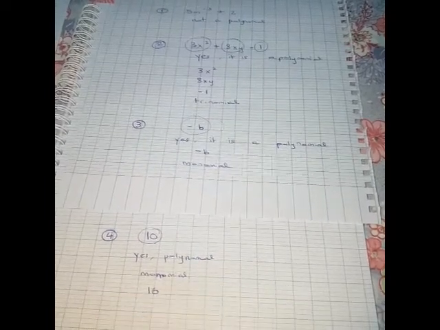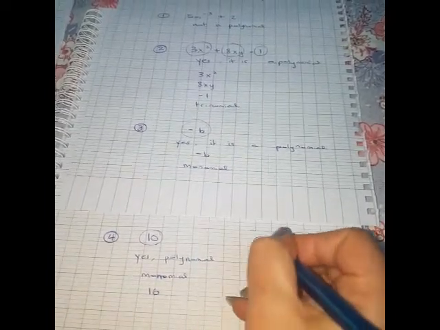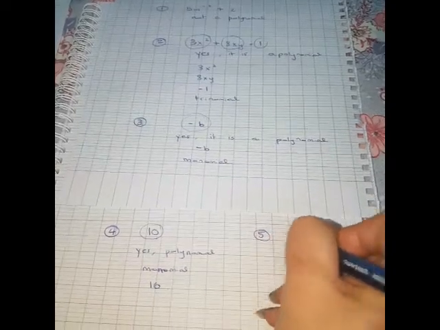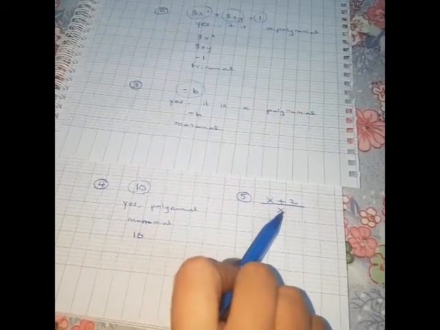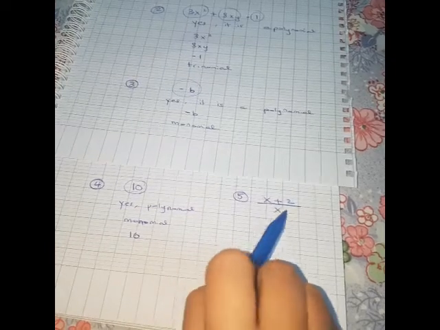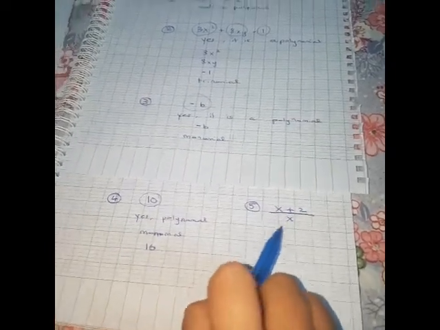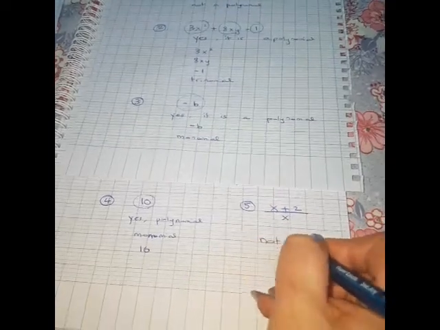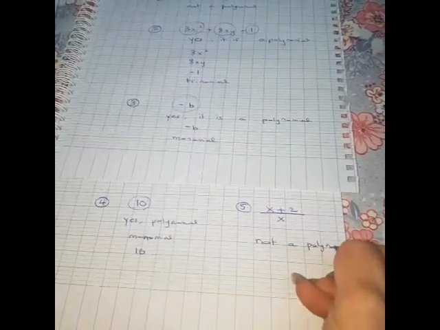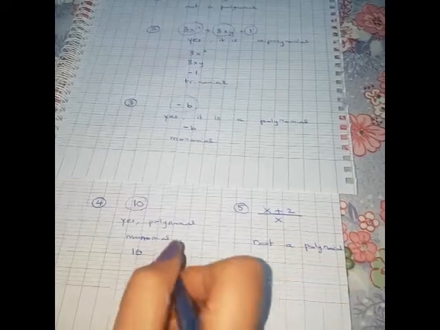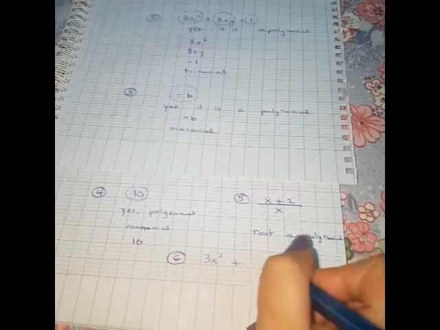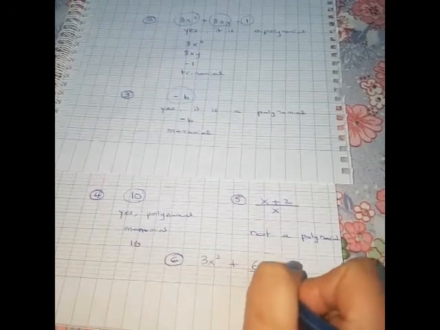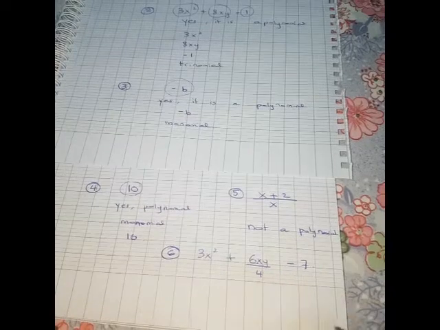The term is 10. Looking at number 5, I have x plus 2 over x. Is it a polynomial? Does it have a negative exponent? It doesn't have a negative exponent, but it has a denominator of a variable. When the denominator is a variable, it is not a polynomial. And I just stop at that. Number 6, I have 3x to the second plus 6xy over 4 minus 7.